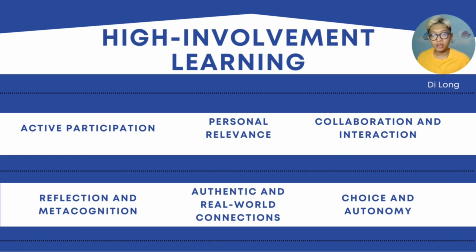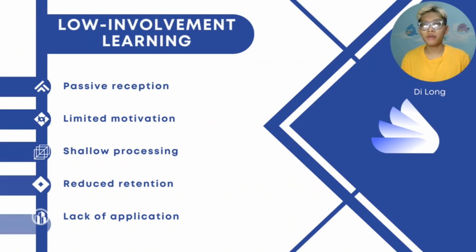Fifth, it bridges the theoretical and practical divide by enabling students to apply knowledge in real-world contexts and solve authentic problems. Sixth, learners are given choice and autonomy in the learning process, allowing them to explore their interests, select suitable resources, and determine their learning pace and depth.